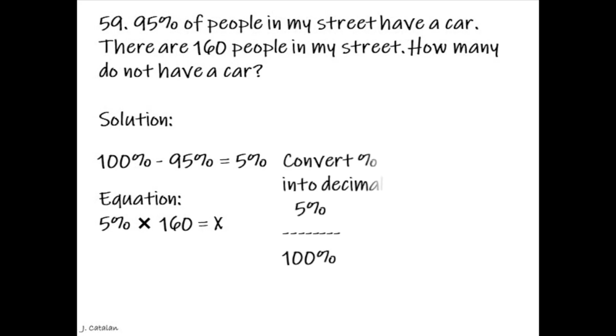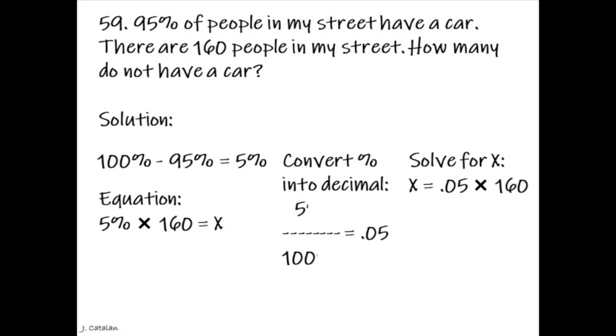Convert percent into decimal. 5% divided by 100%, crash out percent sign, then do the division process. The result is equals to 0.05. Solve for x. X is equals to 0.05 multiplied by 160. The result is x is equals to 8.